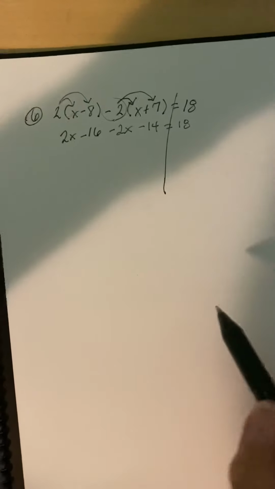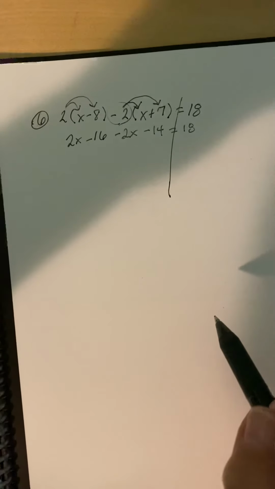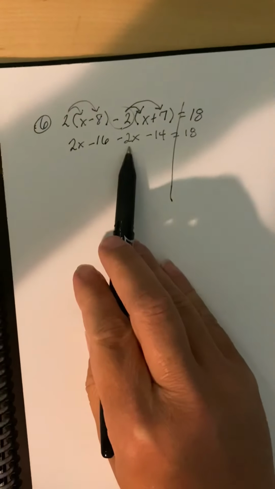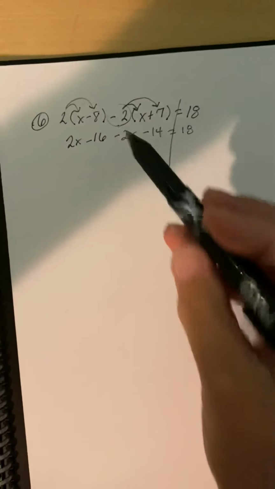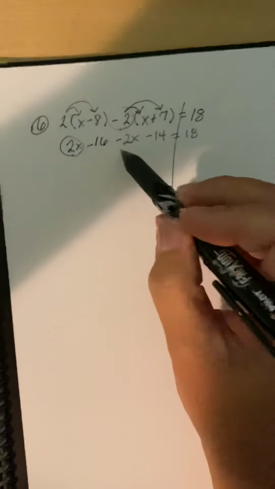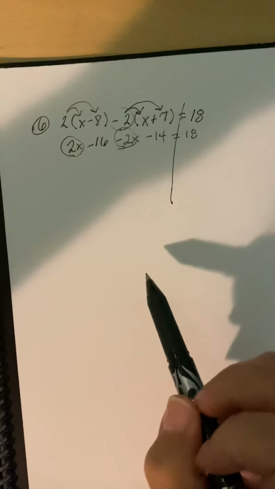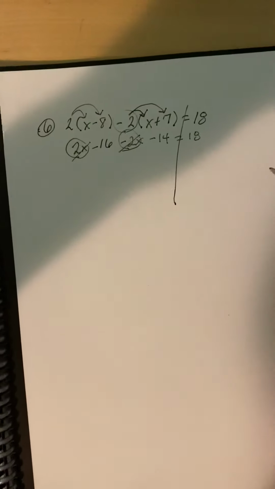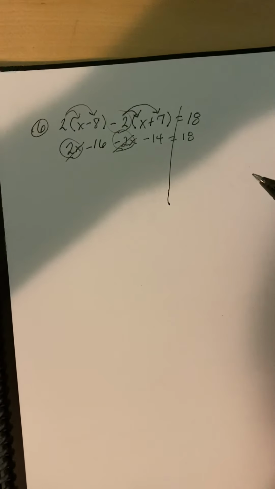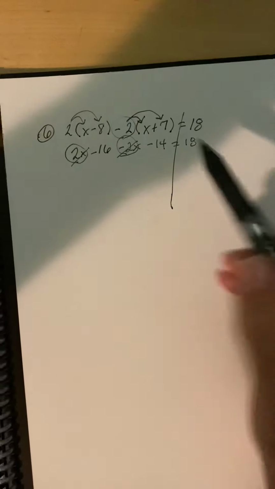Step 2 says for us to combine like terms. Notice we have x's that we can combine, and then we've got constants that we are going to combine. So 2x minus 2x, that's going to end up being 0. Those x's are canceled out. We no longer have those x's. But let's continue with our constants.